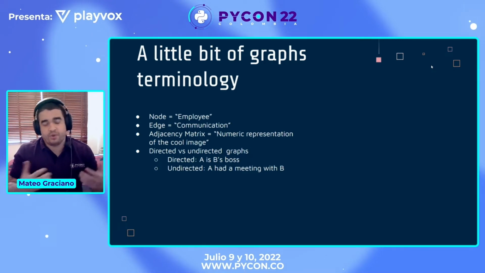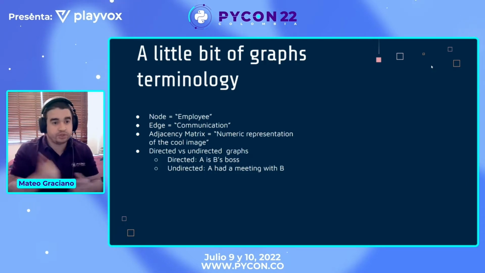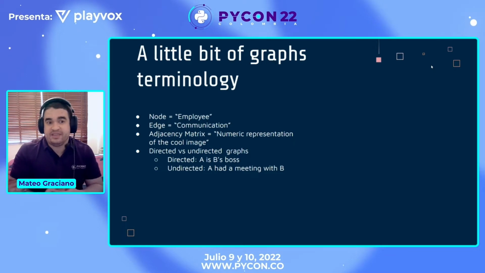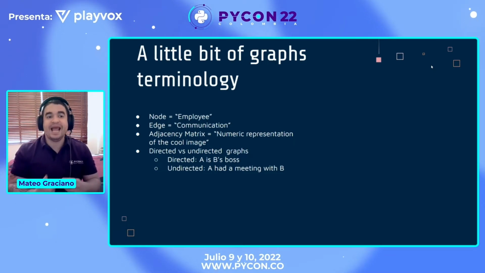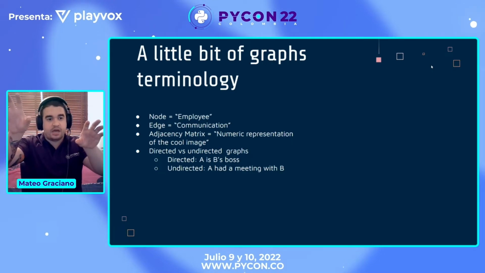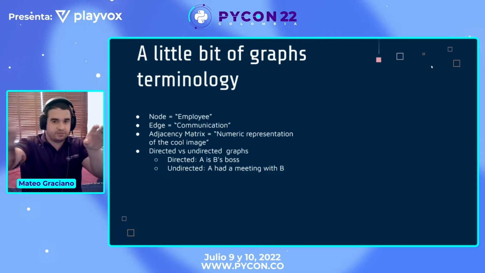So when we're talking about graphs, you will have nodes. In the case of organizational networks, a node is an employee. An edge is the communication between employees. That means a node is, for example, Mateo or Camila, and if Mateo and Camila know each other and work together, there is an edge between them.